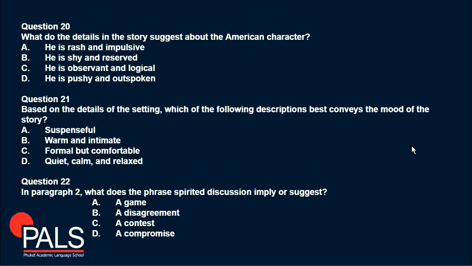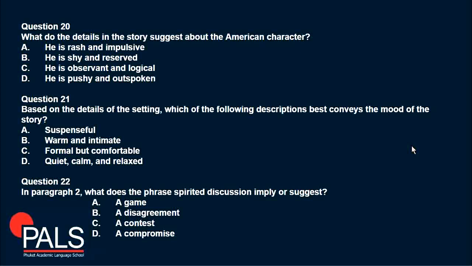Okay. Number 20. What do the details in the story suggest about the American character? 21, based on the details of the setting, which is the time and place, which of the following descriptions best conveys the mood of the story?